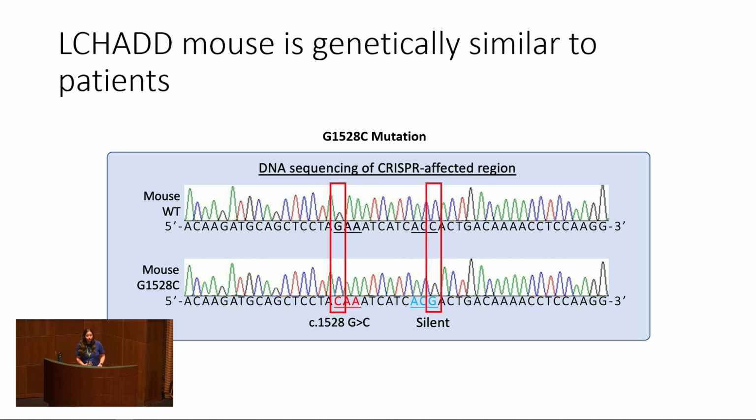The first step was to make sure that this mouse was genetically similar to patients. Patients have that G1528C missense variant in the HADHA gene, so the Gillingham lab used CRISPR-Cas9 to insert that specific variant into a mouse line. Now this mouse is homozygous, with two copies of that G1528C variant in HADHA, making it genetically similar to patients.